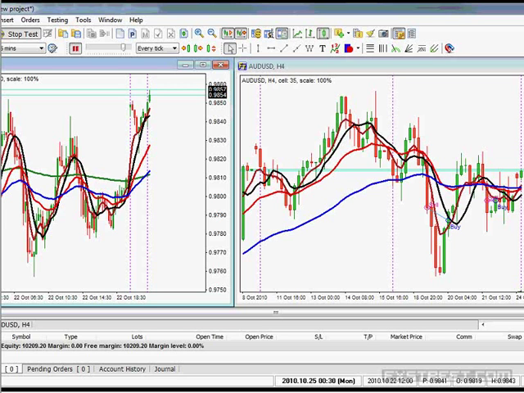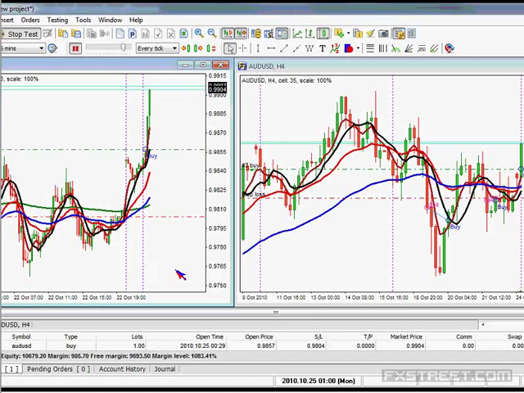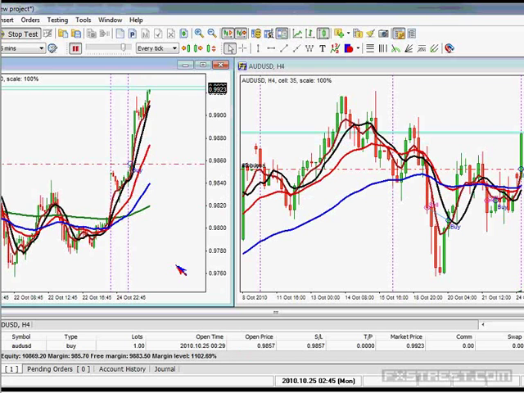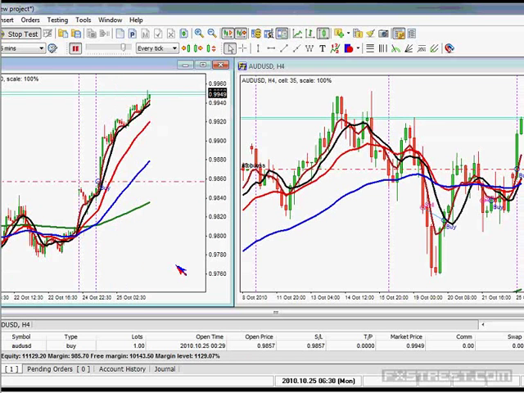Oh, sorry. Let me redraw. So that's that swing through there. So maybe we could just tag a little long and see what happens. Put our stop in place. Boom. Up 50 pips. 47. I'm going to move my stop to break even and see if we can get lucky.